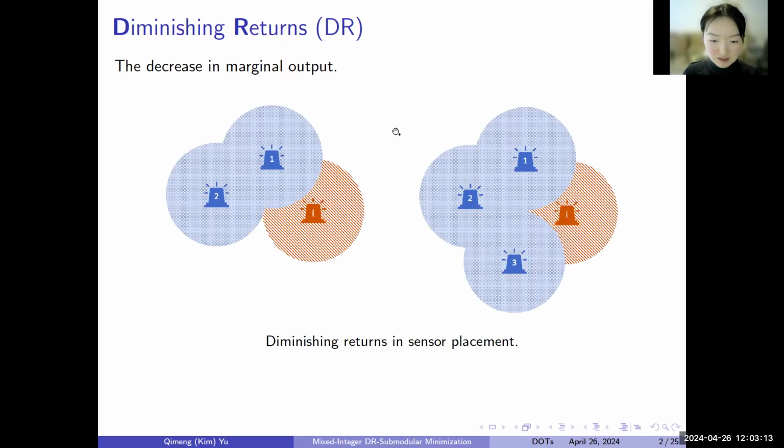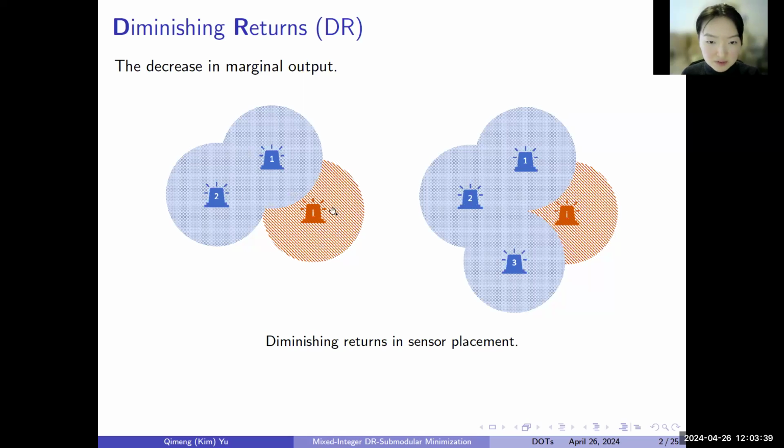To illustrate this phenomenon, let's consider the problem context of sensor placement. Suppose these little drawings are sensors, and the circles around them are the corresponding coverages. We use the solid blue regions to capture the coverage corresponding to the sensors that we have already installed, so they're currently in use.